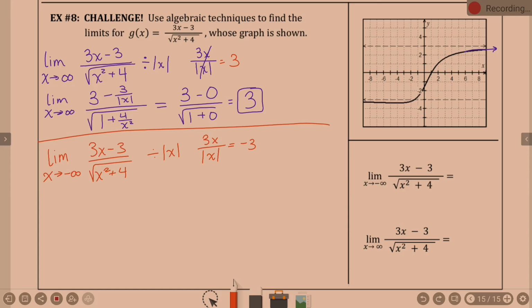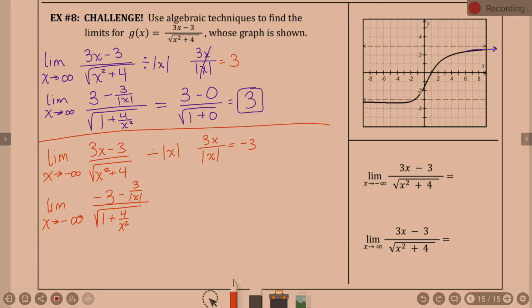So now, when we go through and do this dividing, the limit as x approaches, I almost forgot my negative infinity. On top, it's going to become negative 3 minus 3 over absolute value of x, and then still going to be the square root of 1 plus 4 over x squared.